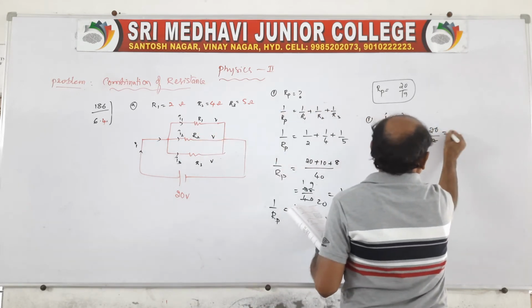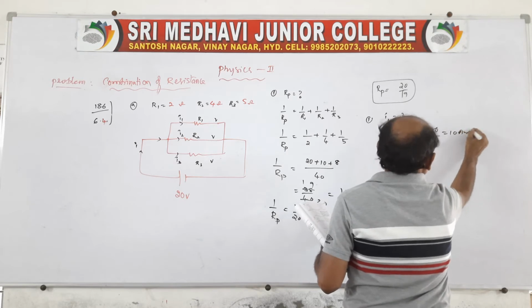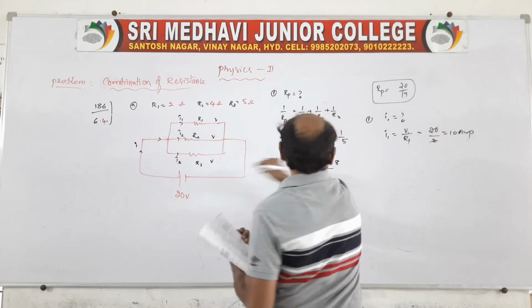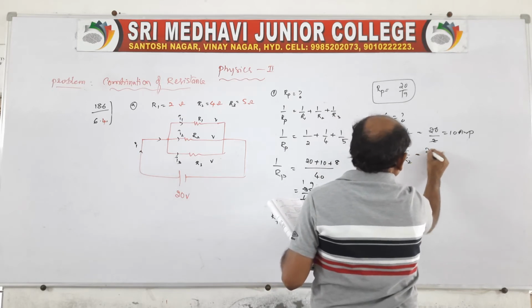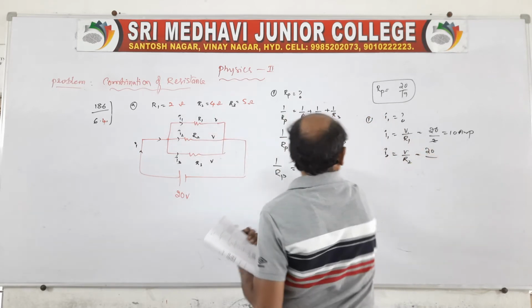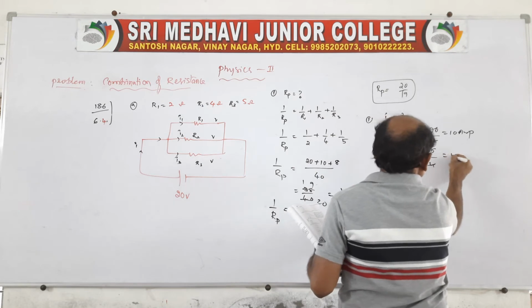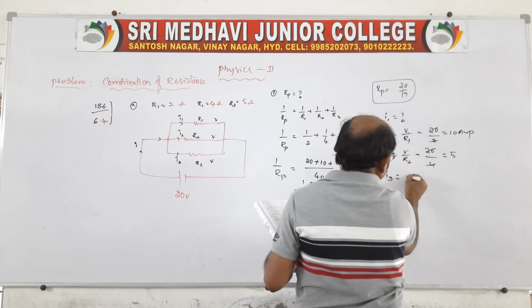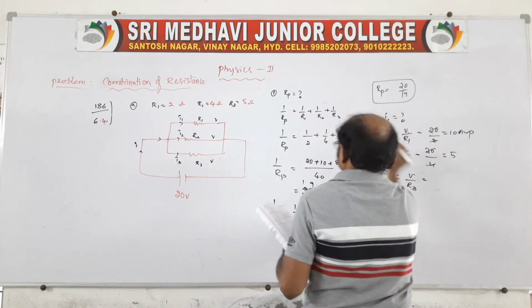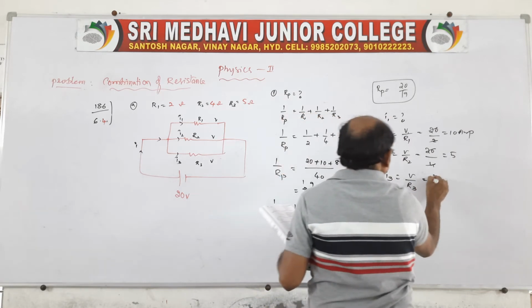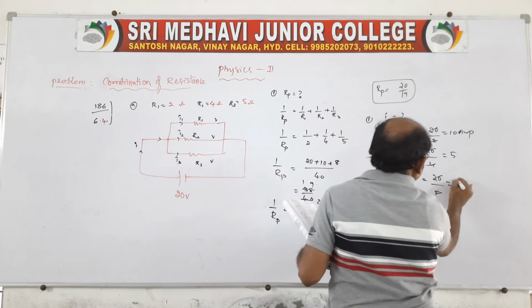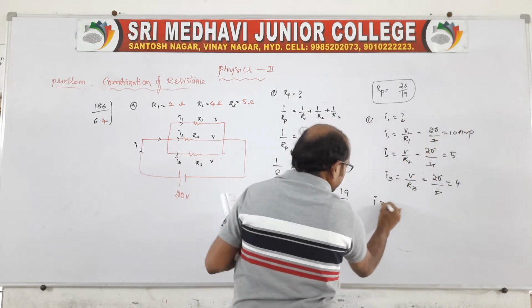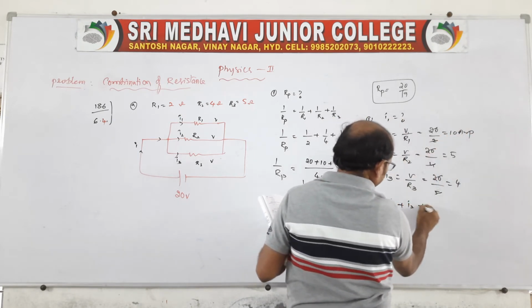So we get 10 ampere through the first resistor. Similarly I2 is equal to V by R2, 20 by 4 ohm, that is 5. I3 is equal to V by R3, V is 20 again, R3 is 5, so 4. Now you add the total current I1 plus I2 plus I3.